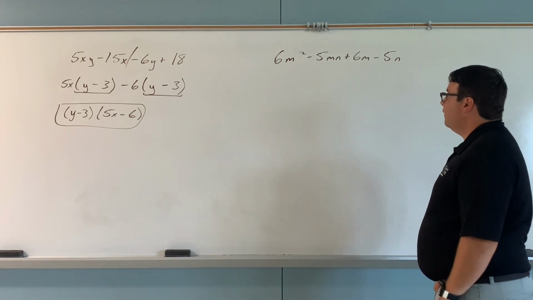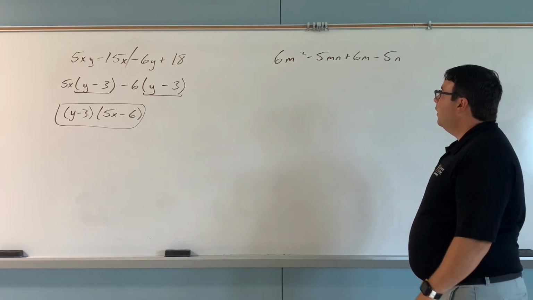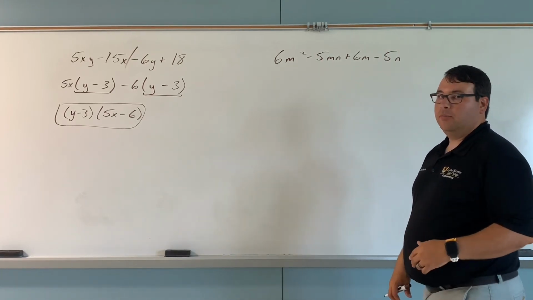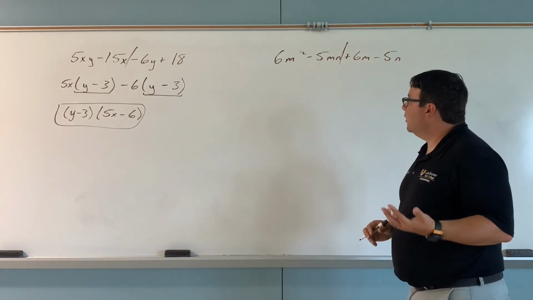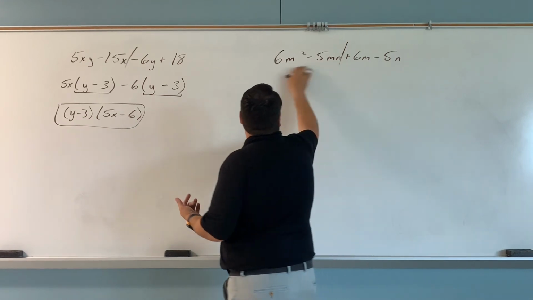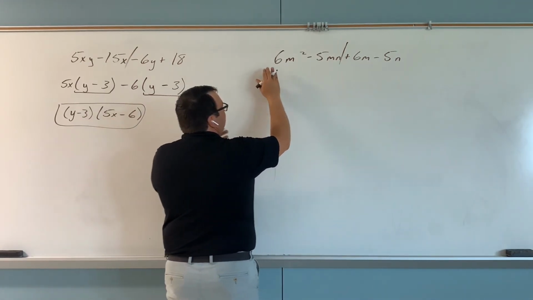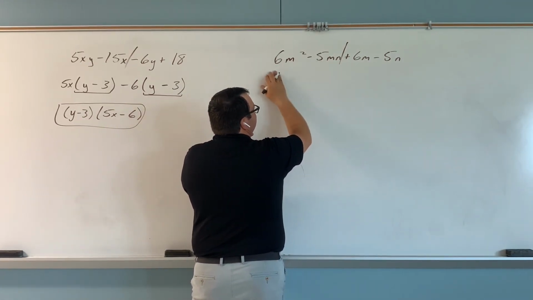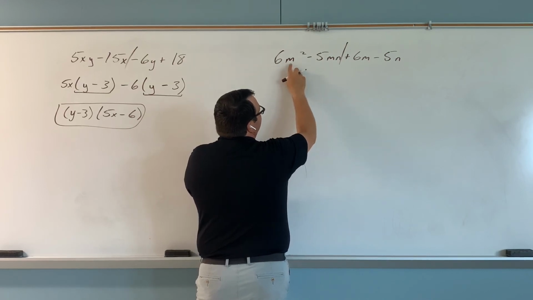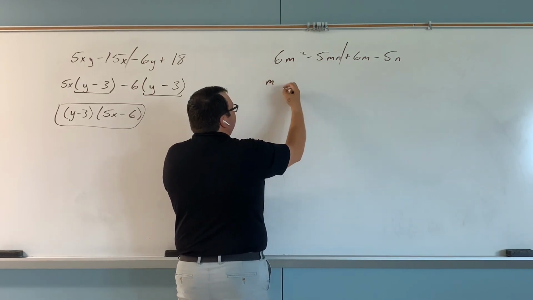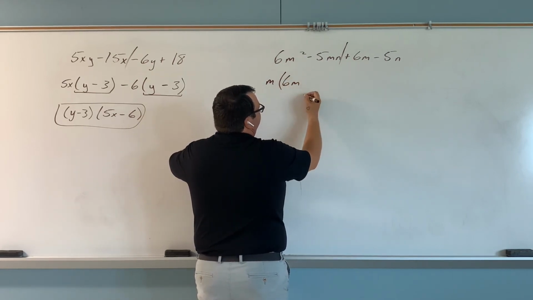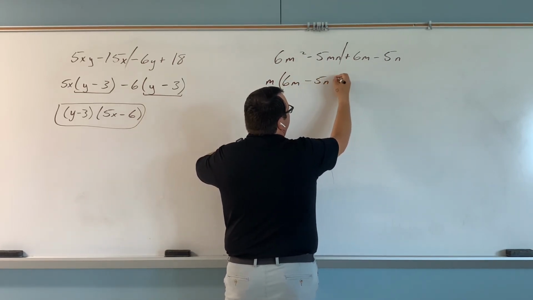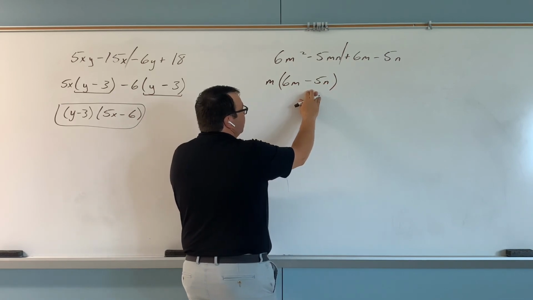They don't all have at least one variable the same. So what do I do? Become a math ninja? It's a career choice. All right, so that being said, we're going to look at this first half. Nothing's divisible between 6 and 5, but I can pull m out of both of those. I know I can have 6m left over here minus 5n left over right here.